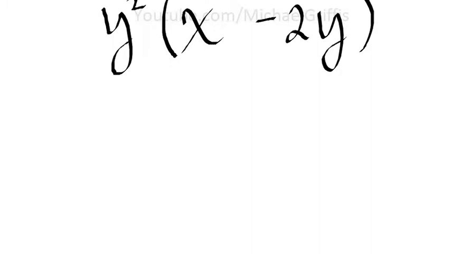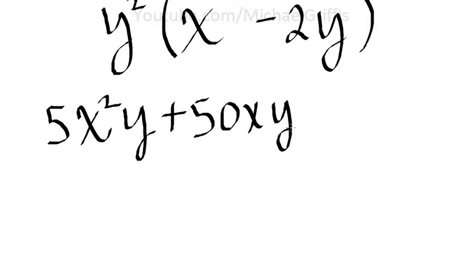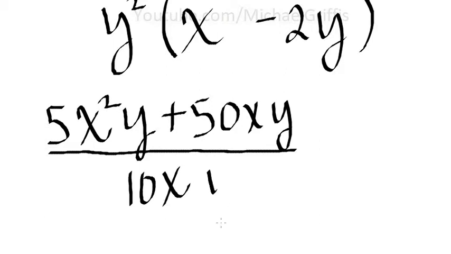All right, what else? We got another one here. Yeah, let's do one more. Let's do this one here, see if we can fit it on the screen. 5x squared y plus 50x times y, and that's all over 10 times x times y.